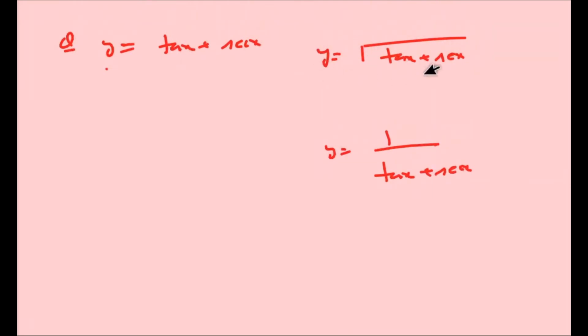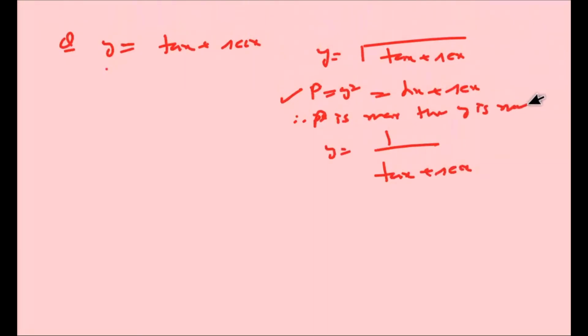Now if the question is given this way, you should take it like this: let p equal to y square, 10x plus sec x. Now using this function, if p is maximum, then y is maximum.